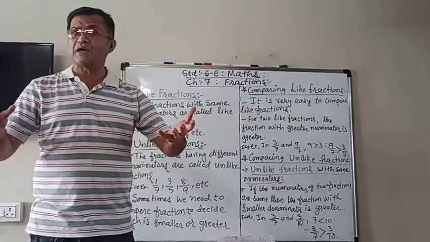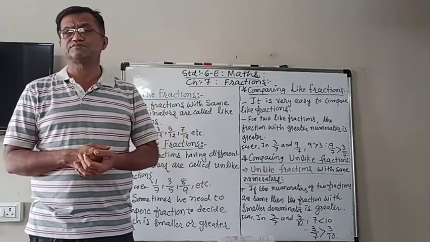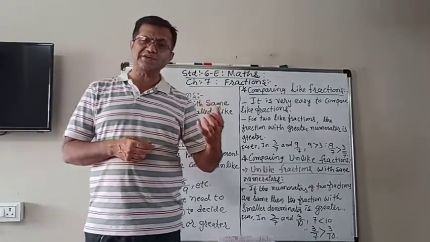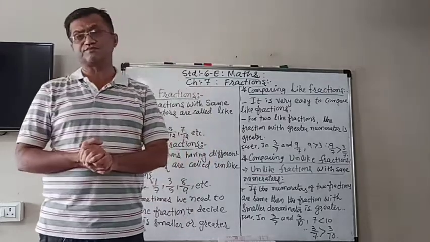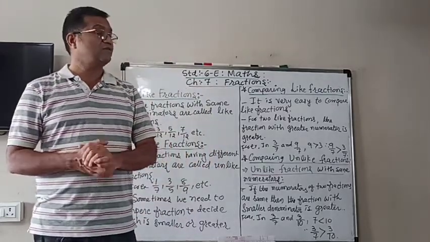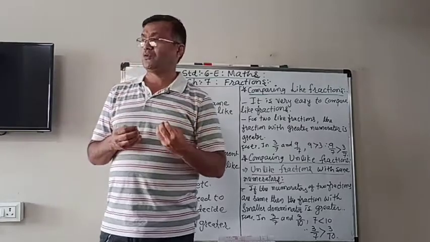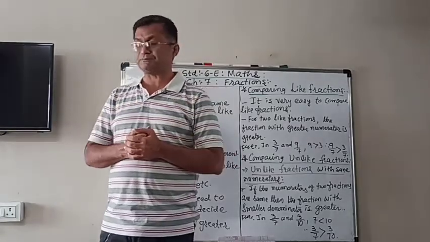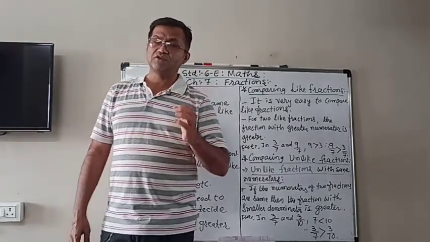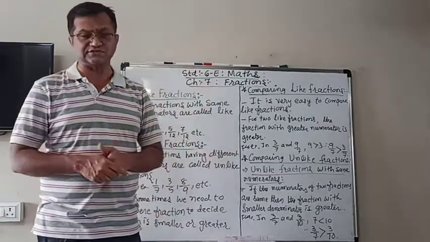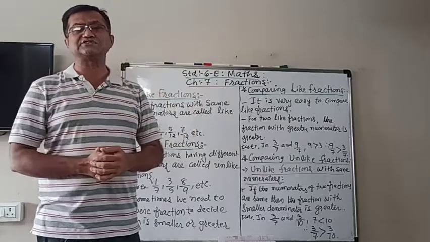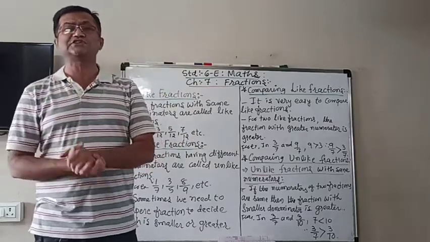So now, how can we compare them? Sometimes it is very easy, but sometimes it is not so easy. And therefore, we need to know how to compare them, so that we can decide that from given two fractions, which fraction is greater and which is smaller.